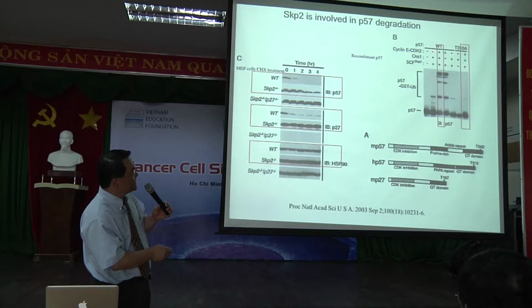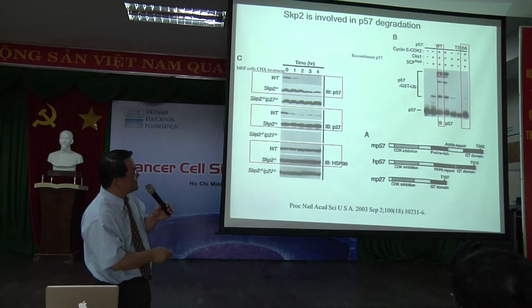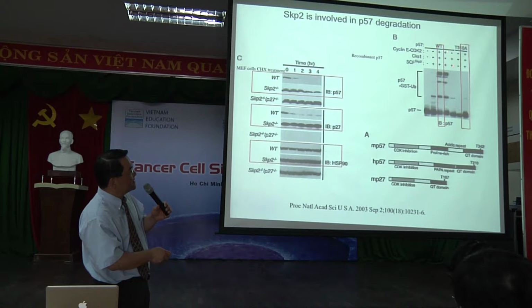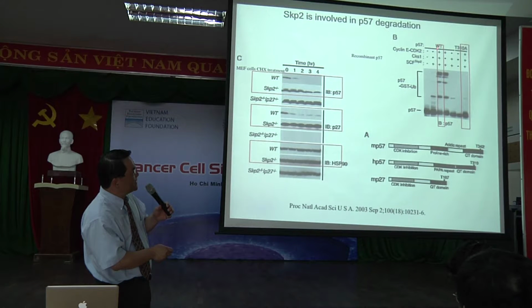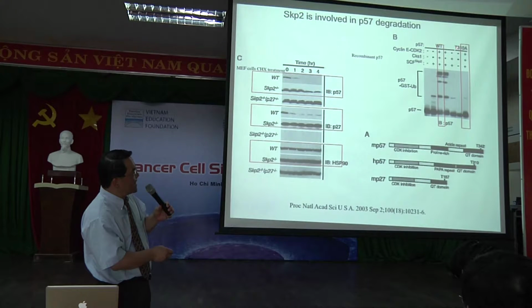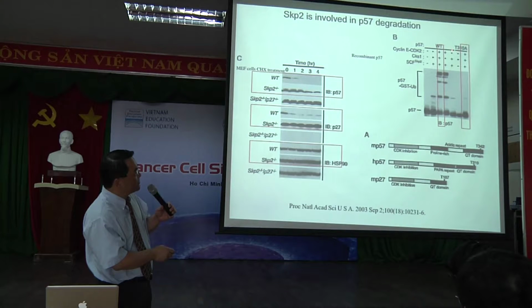Without the cyclin E CDK2 there, P57 ubiquitination seems to be compromised. So if you know where the phosphorylation site on P57 recognized by cyclin E CDK2 is, the scientists have done this particular site, turning T310A.